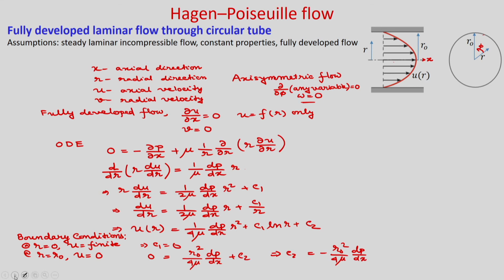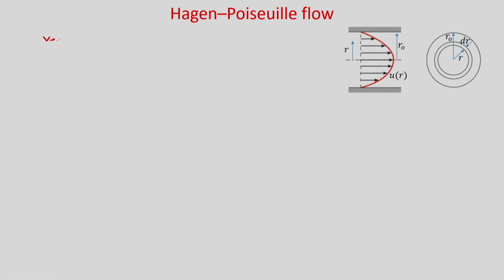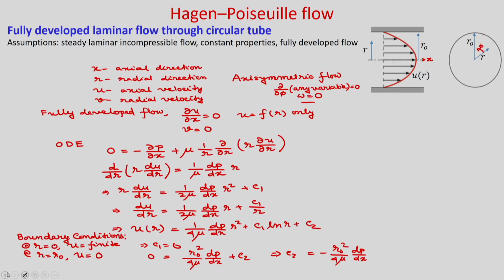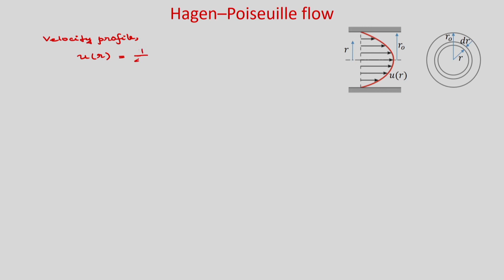Okay. Hence, you can now write the velocity profile. u is a function of r only, and if you put in the constant, where C2 is minus r naught square by 4 mu dp by dx, you can write 1 by 4 mu dp by dx r square minus 1 by 4 mu dp by dx r naught square.